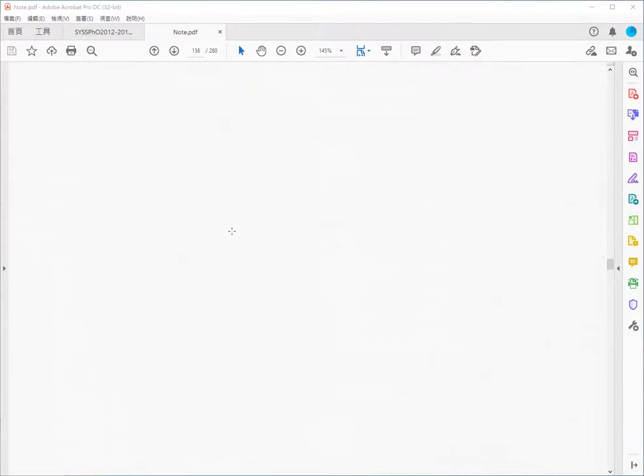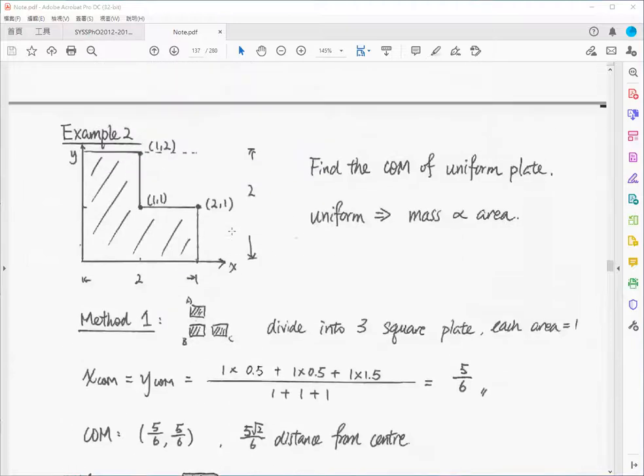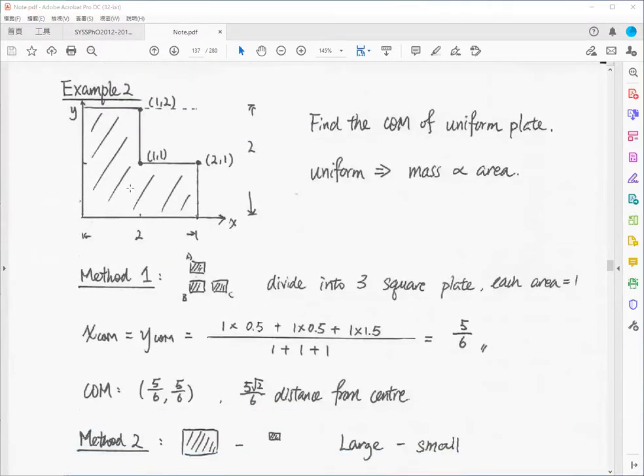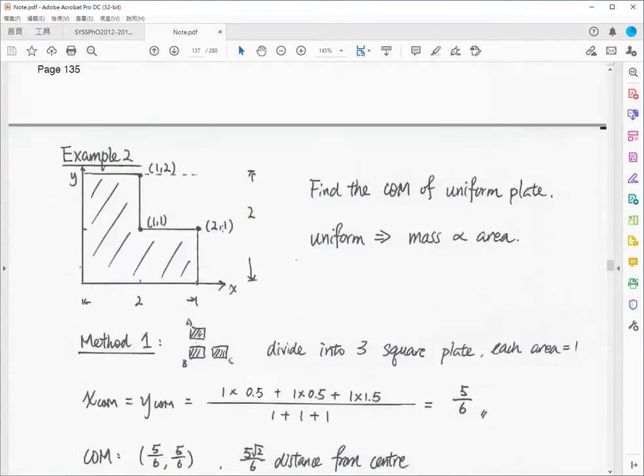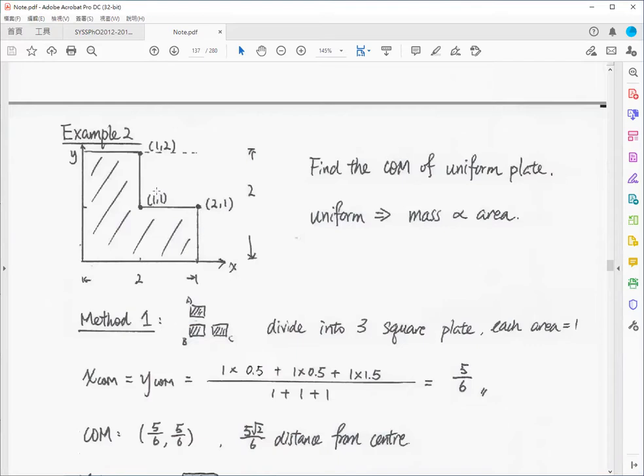Here I give you two examples. The first one is an L-shaped object. You may consider that the L shape consists of three squares, and then you set the coordinate system as what I have done, y-axis and x-axis.